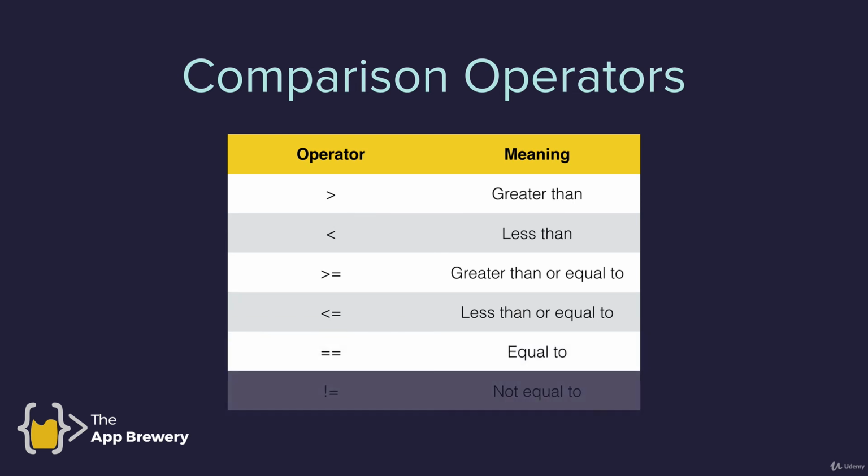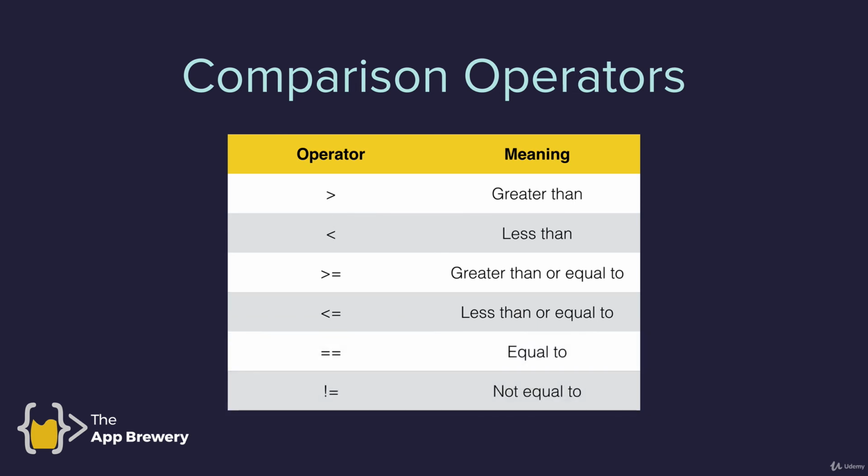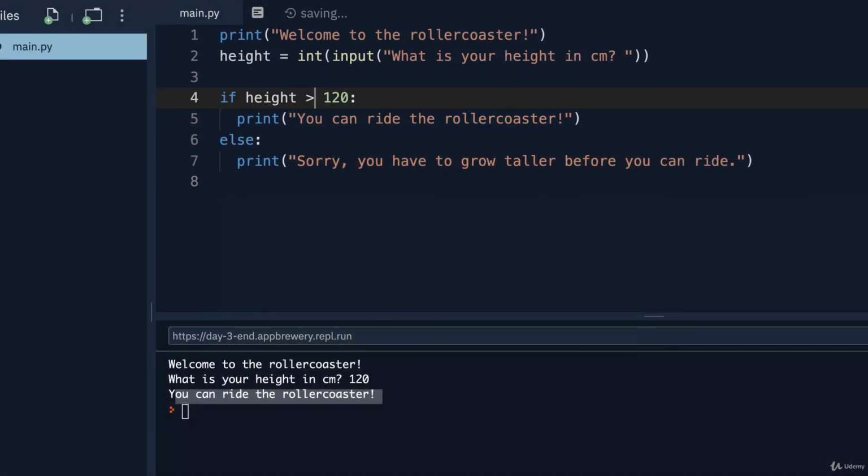Now in this table, there's also the equal to and not equal to. For example, if you wanted to check if somebody's height is equal to precisely 120, then you would use two equal signs. And very often it gets a little bit confusing, especially if you're new to programming, when you're typing equal signs, because sometimes we're typing 1 and other times we're typing 2.